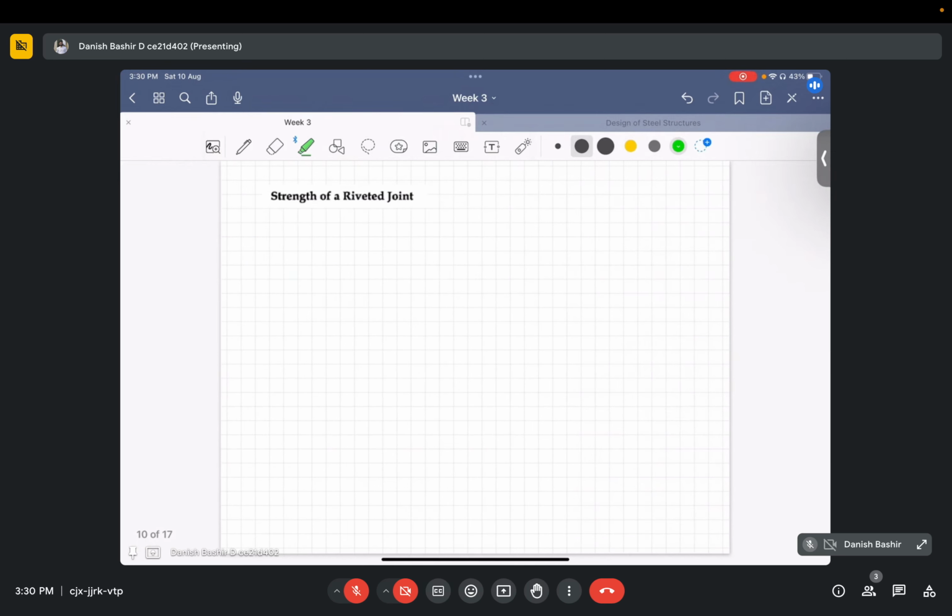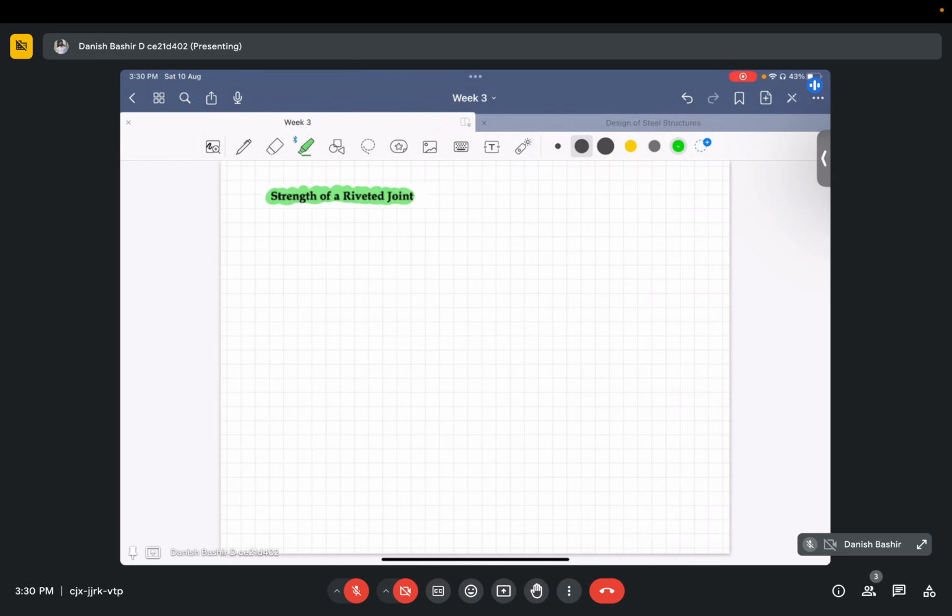In order to design a riveted joint, we have to analyze it first and determine its strength. So, strength of a riveted joint. Let me explain how we determine the strength of a riveted joint.